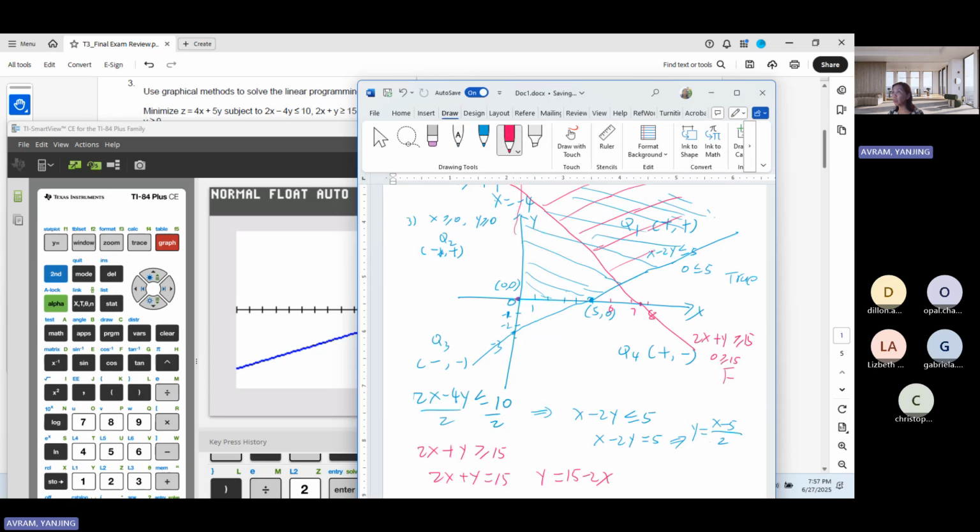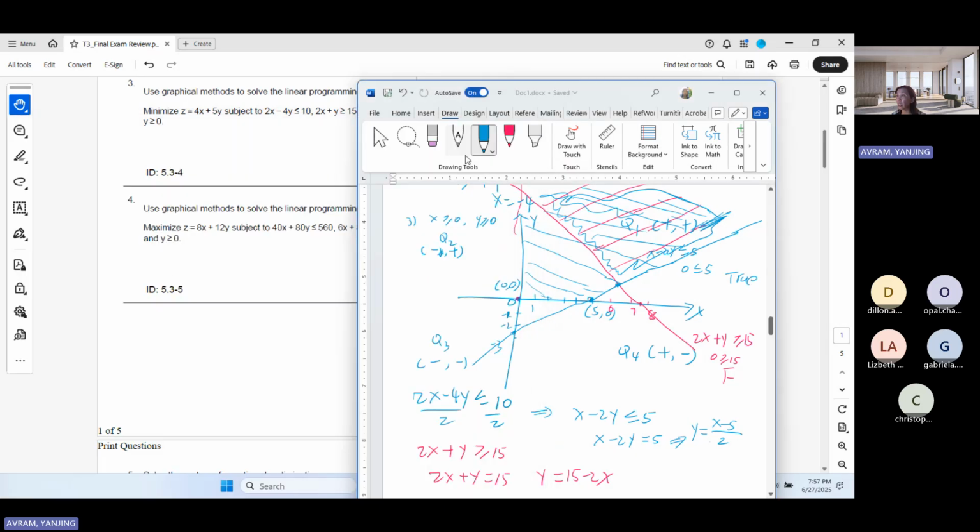It should start from here and then go all the way. Of course, this is unbounded, right? And maybe this point is a minimum, or maximum, depending on what they ask. Maybe the minimum is here.